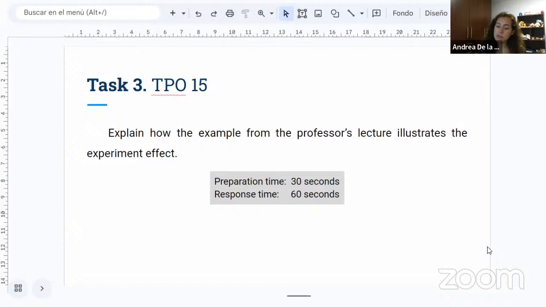And when you have experiments, always try to focus on explaining the results of the experiment, because the results of the experiment is what proves the concept, right? Same thing as in this case. The result of the experiment, the fact that one group learned faster than the other because of what the researcher was expecting, is what proves the experiment effect, right? So always focus on the result of the experiment.